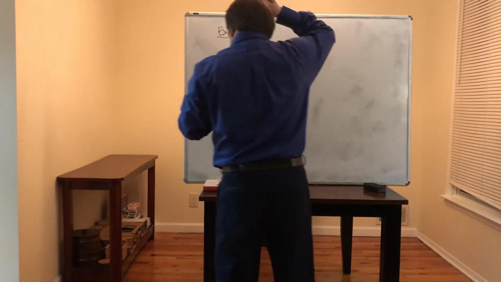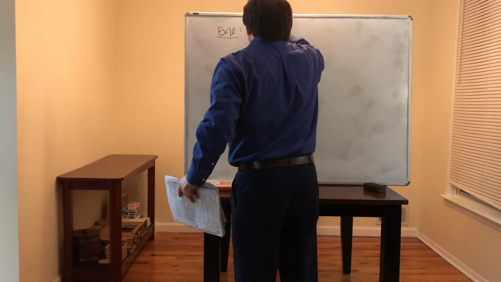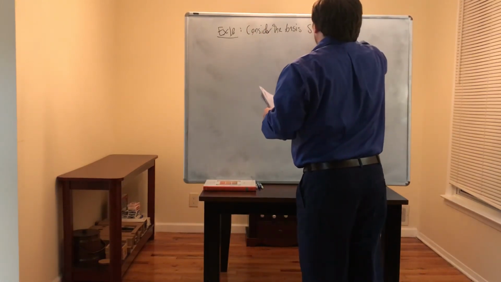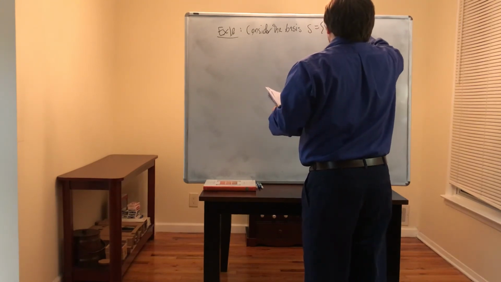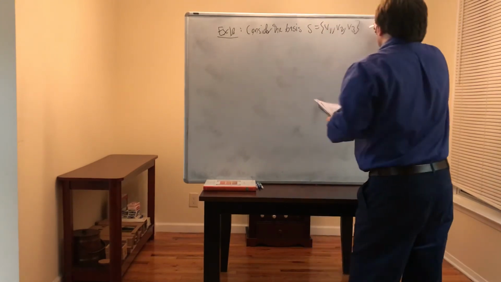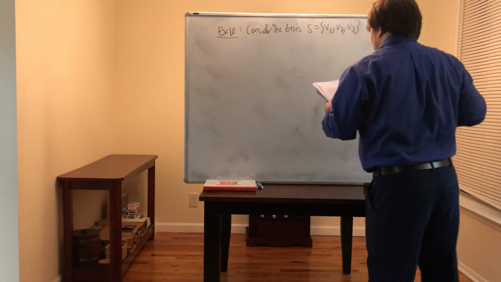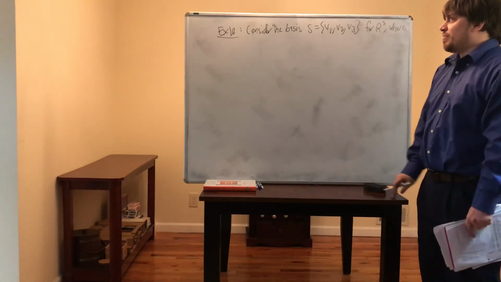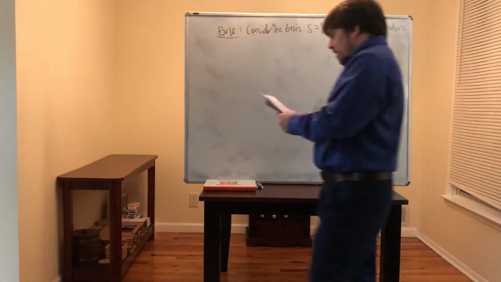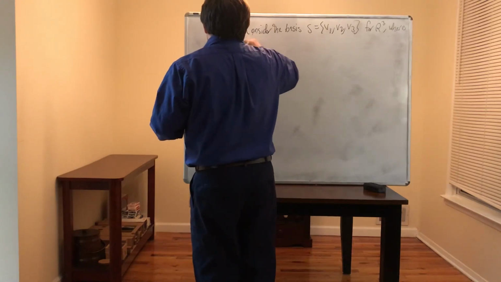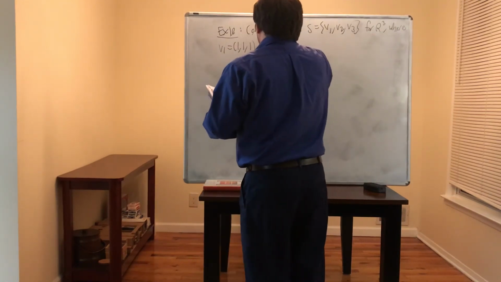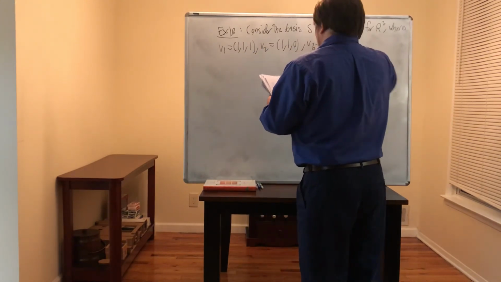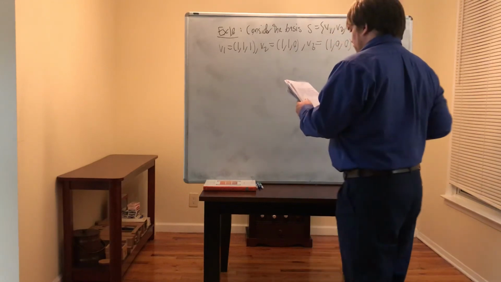Example 10. Consider the basis S, which is equal to v1, v2, v3, for R3, where v1 is equal to 1, 1, 1, v2 is equal to 1, 1, 0, and v3 is equal to 1, 0, 0.